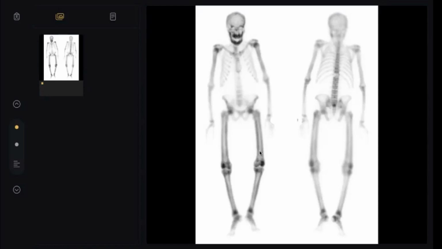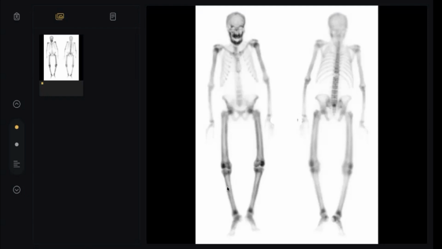Sir, there is a possibility that this can be two diseases going on. The mandibular disease was quite consistent with Paget's disease. No, femoral, no, no. See, look here.